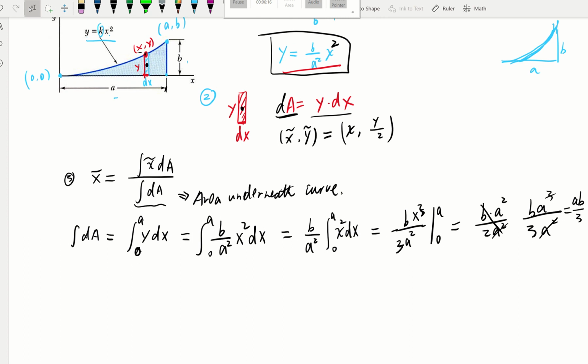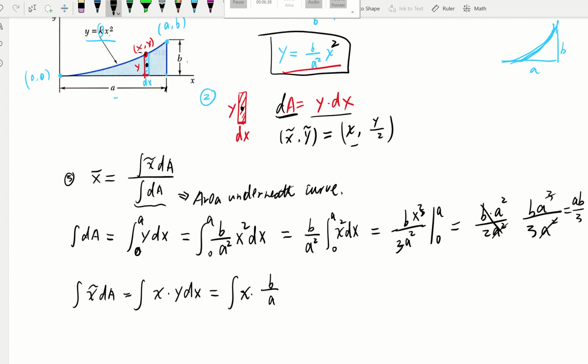All right, now let's look at the numerator. The numerator is x tilde dA. X tilde from step 2 is equal to x. dA is going to be our y dx. Then we're going to plug our y into the equation.